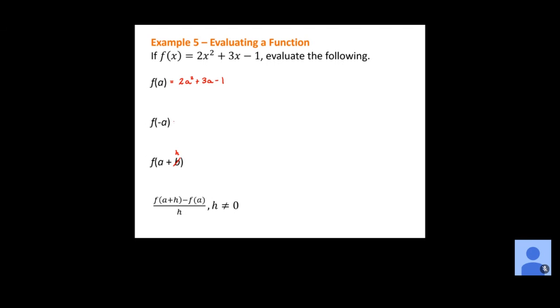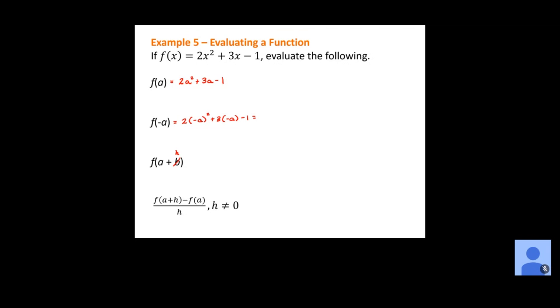All right, let's look at f of -a. Same thing, I'm going to substitute -a everywhere that I see an x. So we're going to have 2 times -a squared plus 3 times -a minus 1. Now this time, because we've got those negatives, right, we can actually clean this up a little bit.